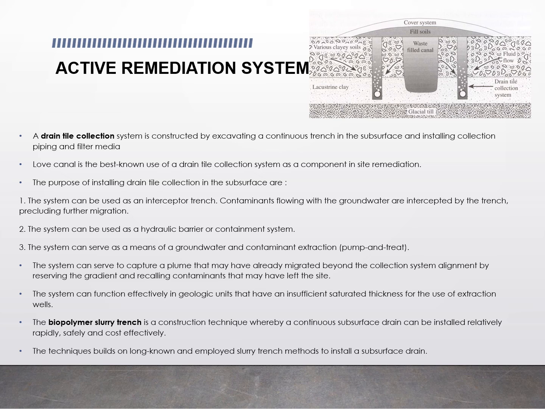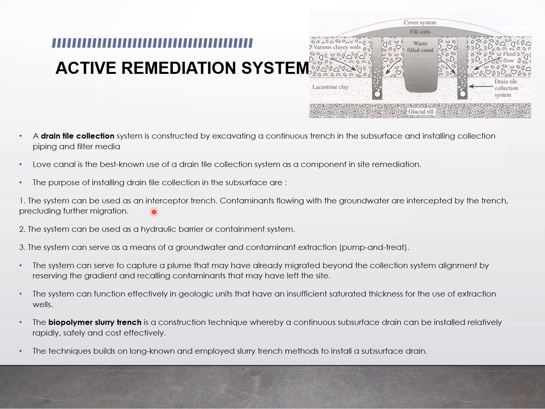In the active remediation system, a drain tile collection system is constructed by excavating a continuous drain in the subsurface and installing collection piping and filter media. This is one example. They construct a drain tile collection. Love Canal is the best known use of drain tile collection. The purpose of installing drain collection in the subsurface is that the system can be used as an interceptor trench.